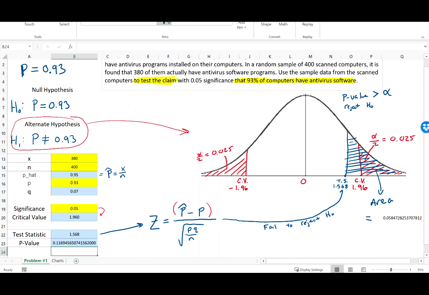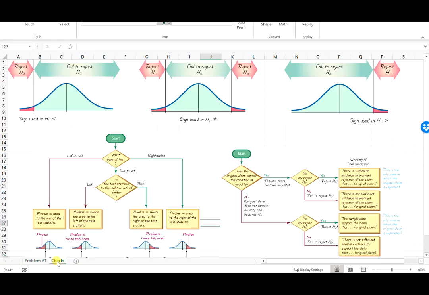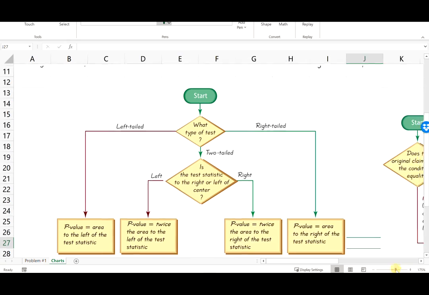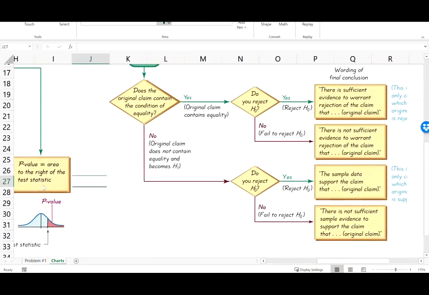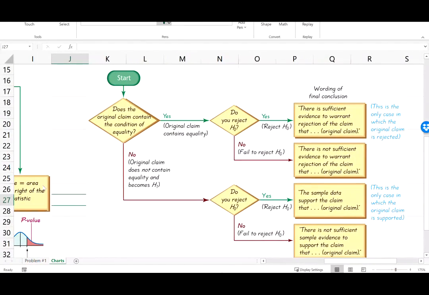Now, for the final conclusion, remember, we cannot prove a claim is true if the original claim contains equality. Over here on the other sheet where I have the chart, down here on the bottom right, does the original claim contain the condition of equality?